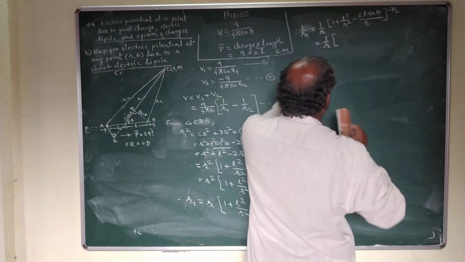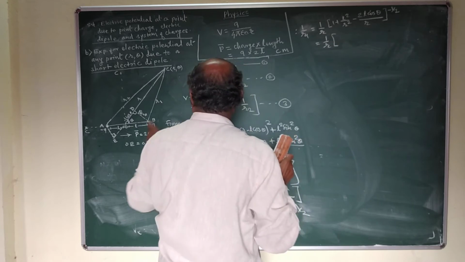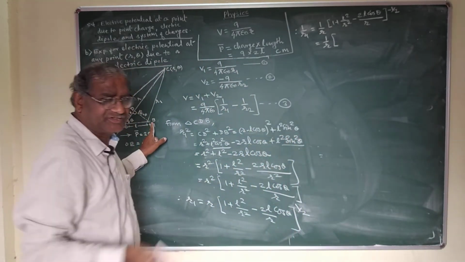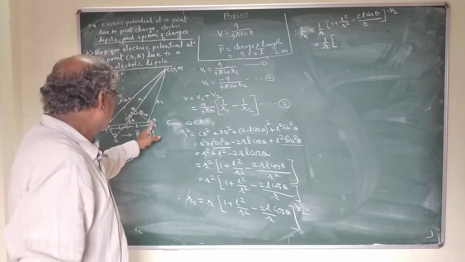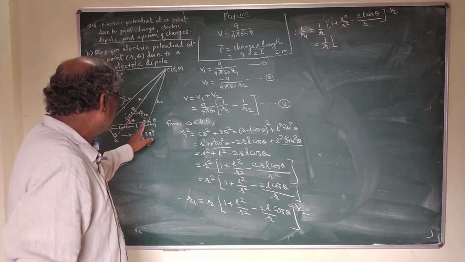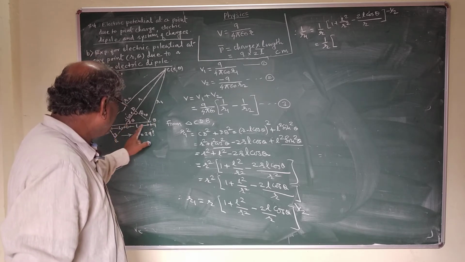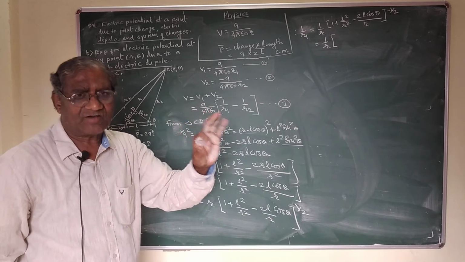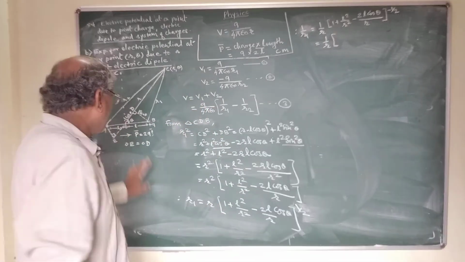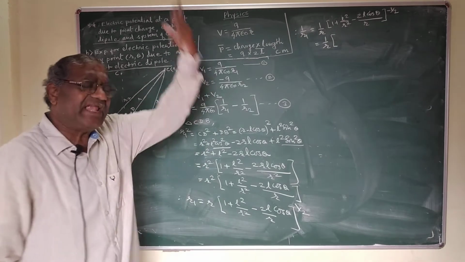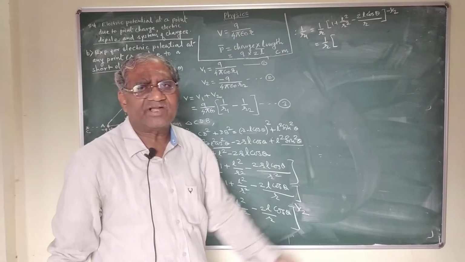Now this term: because we consider here that the length of the dipole is very small, half length of the dipole, that is L, is again a very small quantity, and square of a very small quantity again gives a very small quantity.